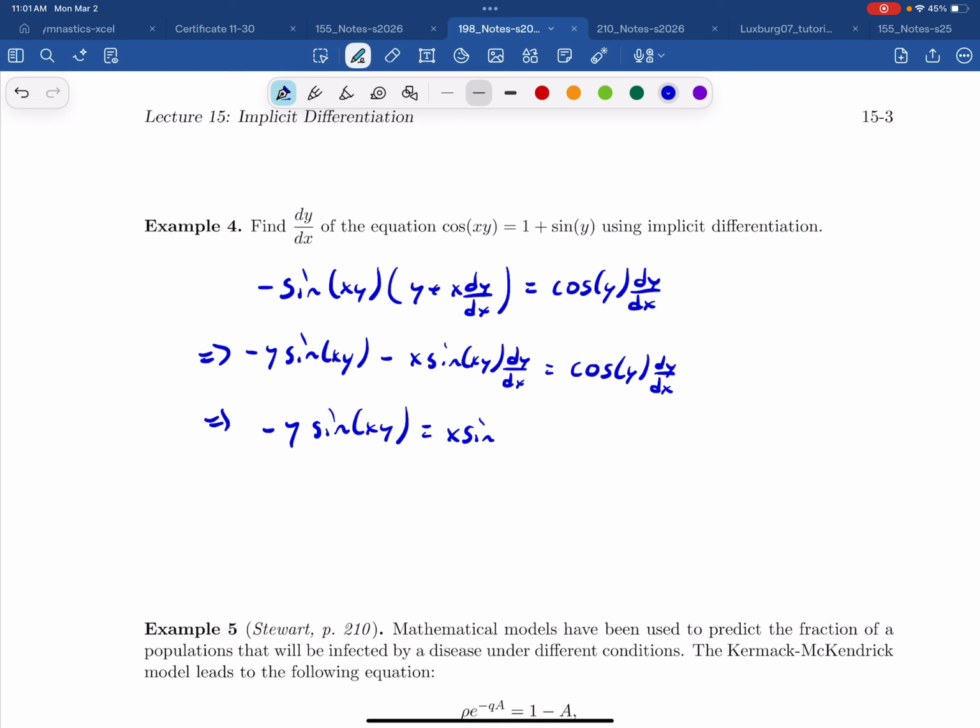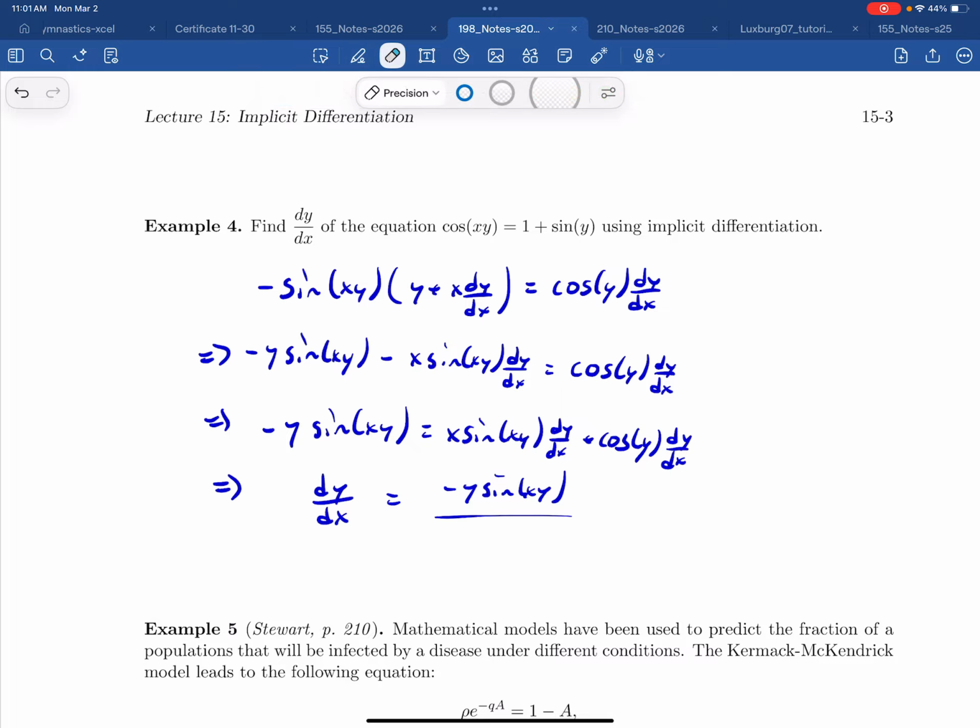Equals x sine of xy dy over dx plus cosine of y dy over dx. And then when you factor out the dy over dx and divide, you will get this. Negative y sine of xy all over this lovely stuff. All right, so we have that.